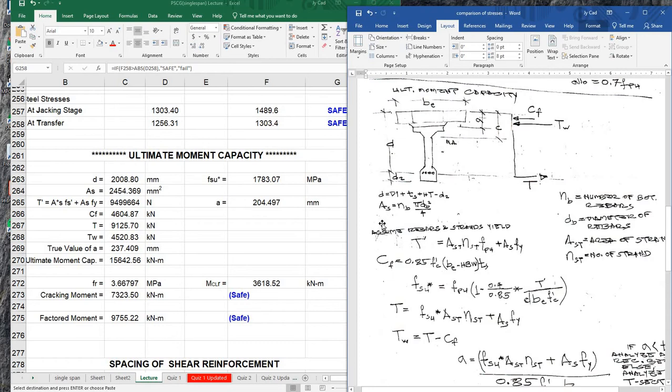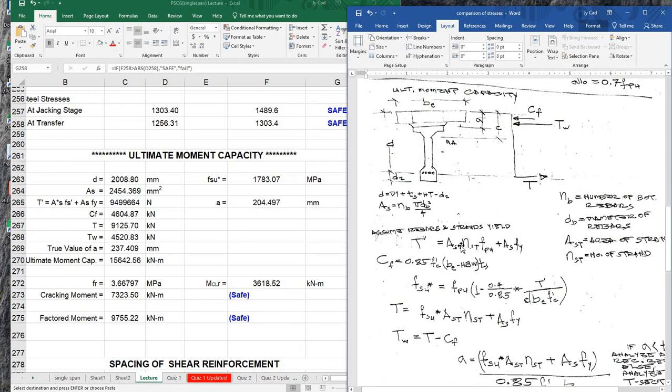Tapos yung AS, yan yung area of rebars. Okay, take note, rebars, hindi kasama dyan yung strand. And then, assume rebars and strands yield. Kaya mapapansin nyo na, ginamit na natin dito yung yield stress ng AS tsaka yung ultimate stress ng strands. Okay?